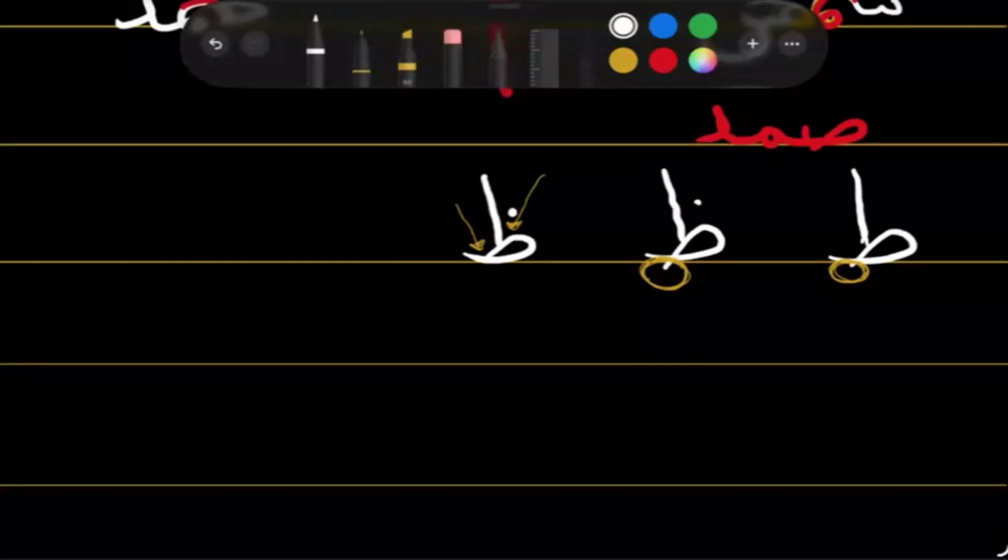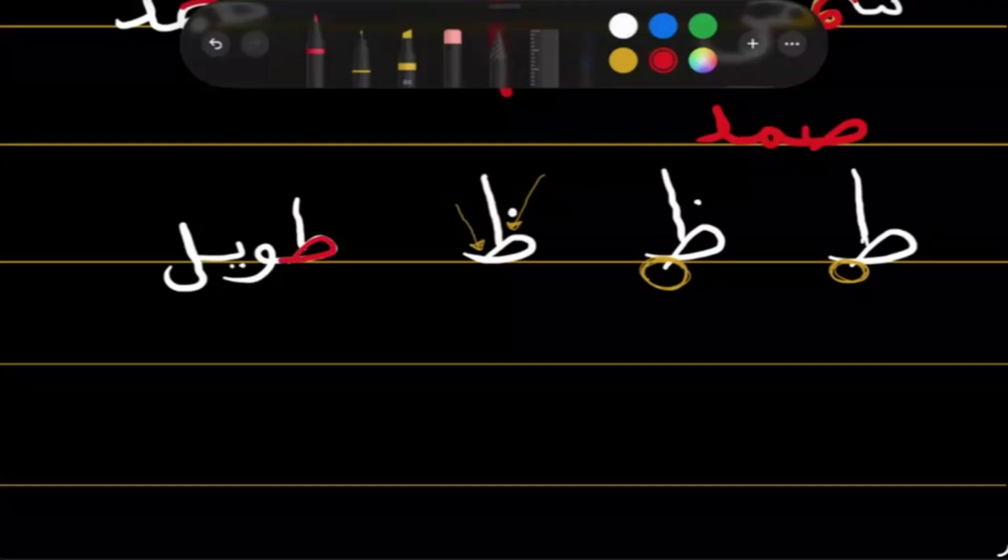So you saw what it looks like in the beginning. For example, here's the word tawil, tall. Tawil. So you see it here connecting to the letter after it.